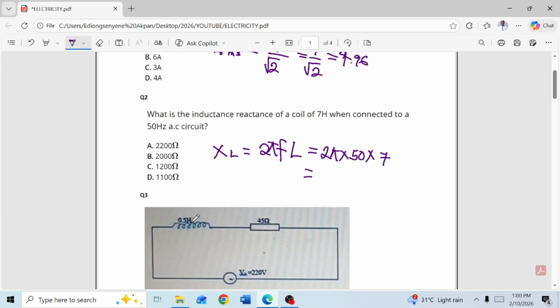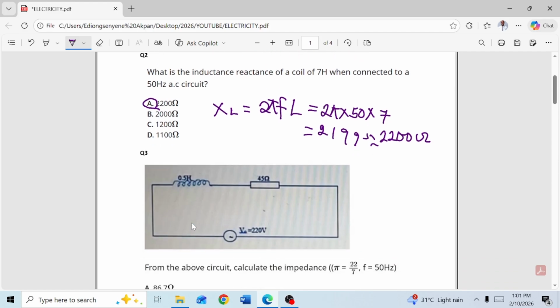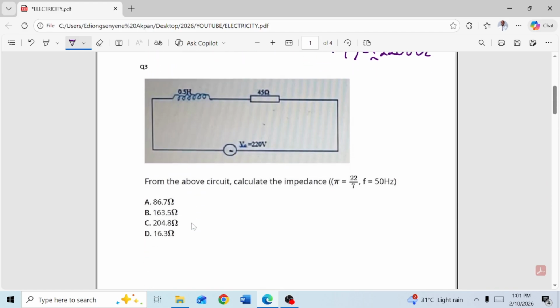Let's put it in our calculator. 2 pi times 50 times 7 gives us 2199. This is equivalent to 2200 ohms. That is option A.